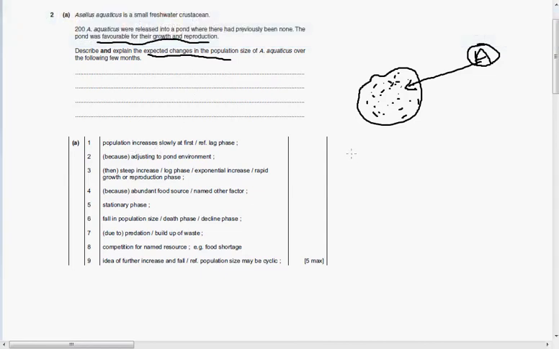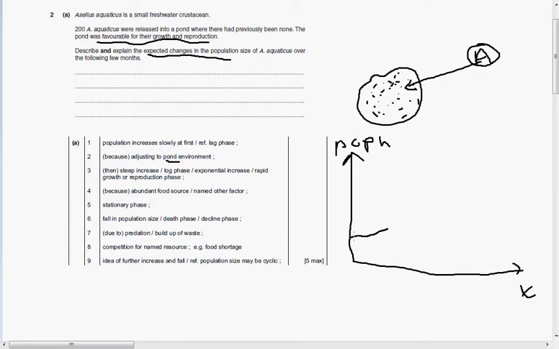If we draw it in a graphical way, with this being population and this being time, first, let's say we introduce this much population. The population will increase slowly, adjusting to the environment.